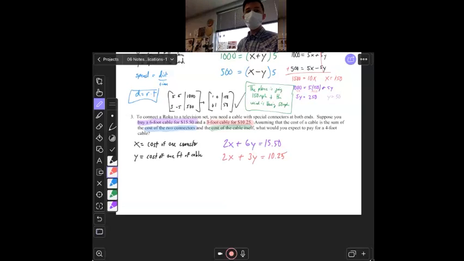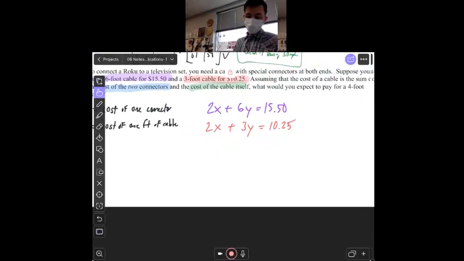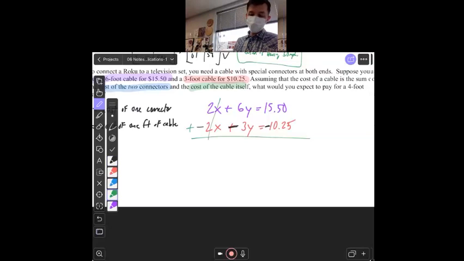How should we solve this? Okay, what do we need to do to make that happen, Ella? Multiply the bottom row by -1. Okay, so that's just going to change all those signs, and I can just add it down. Those x's should eliminate.